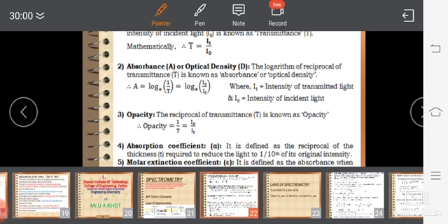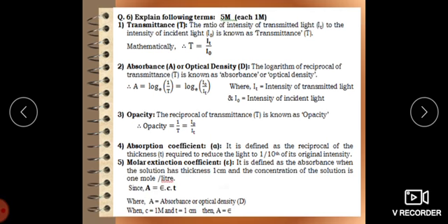Then we can write A is equal to epsilon. These are the 5 terms: transmittance T, absorbance A, opacity, absorption coefficient alpha, and molar extinction coefficient epsilon.